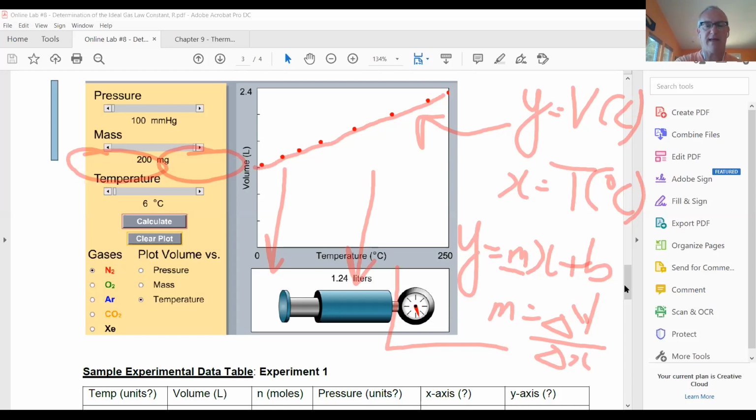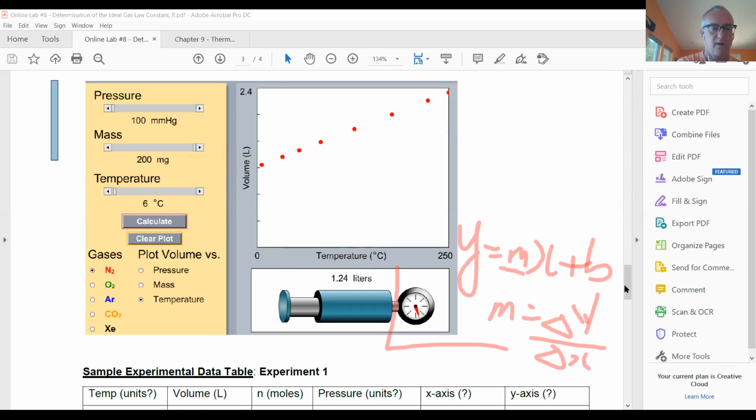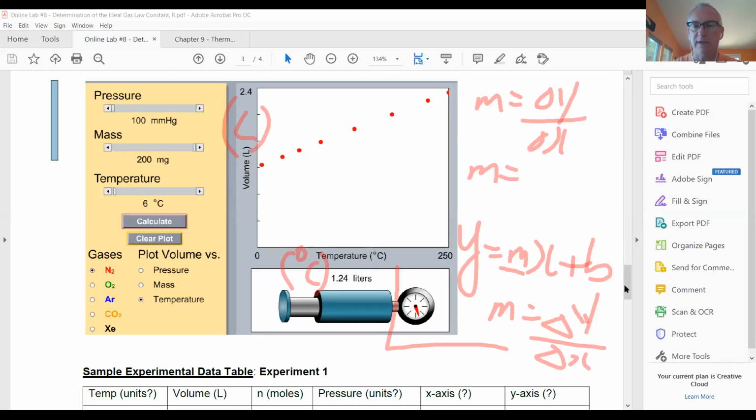And so, if that is the case, let me erase some of this stuff. If that's the case, then the slope of my line, if this is in liters, and you can see that it is, and this is in degrees C, and my M is delta Y over delta X, then the units of M are going to be liters per degree Celsius.